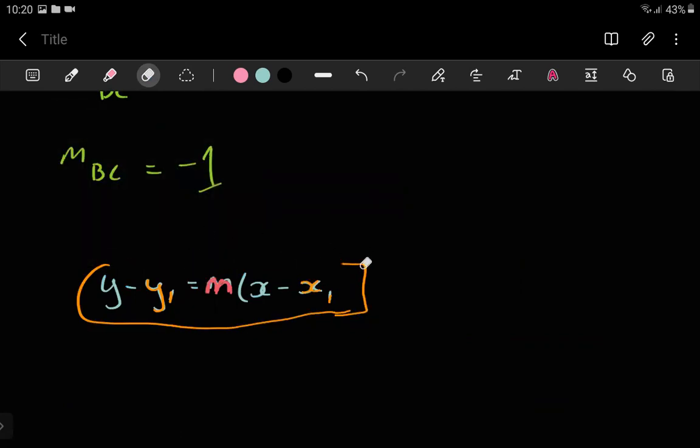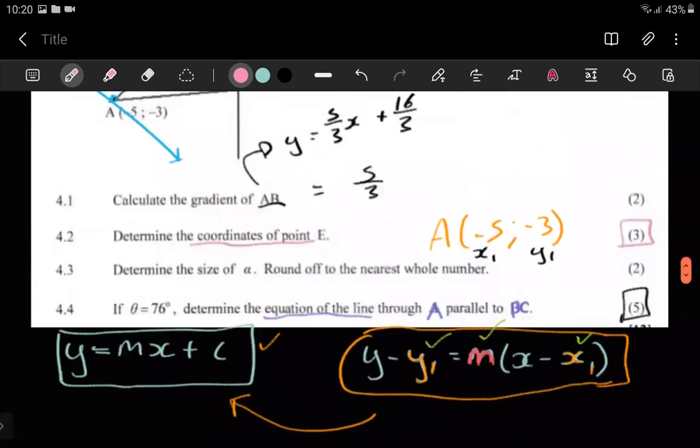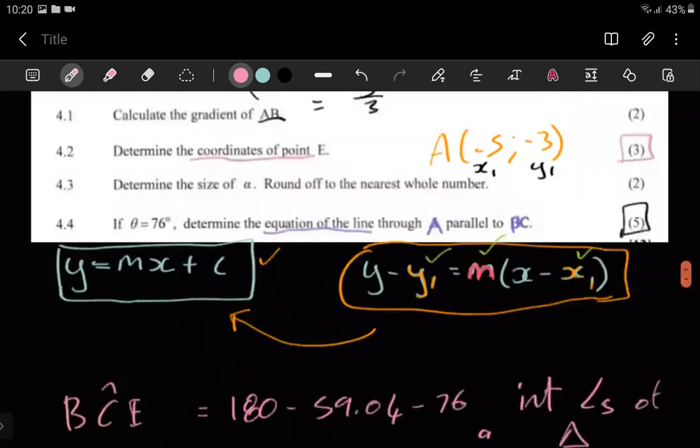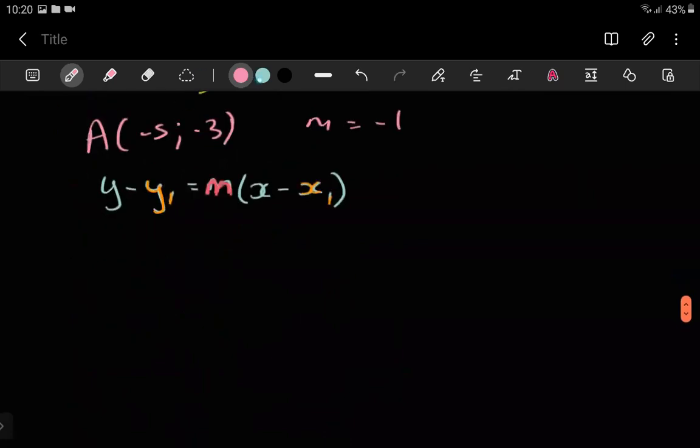So we have A, it was -5 and -3. And then we have M, which is just -1, because the gradient of BC is the same as the gradient of the line we're talking about. So we put that information in as x1, y1.